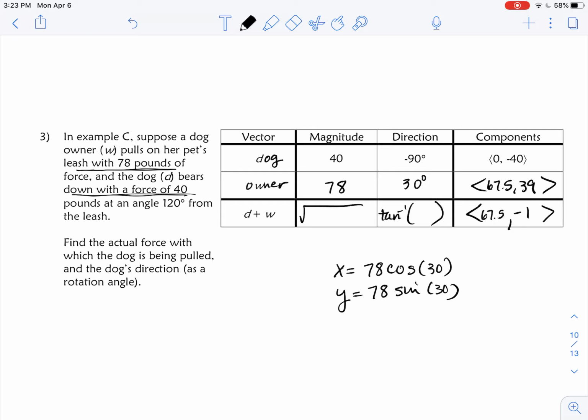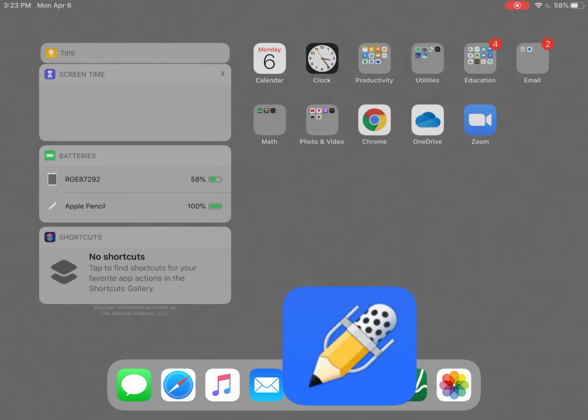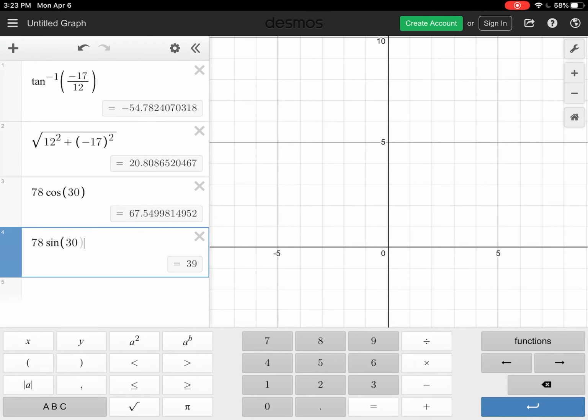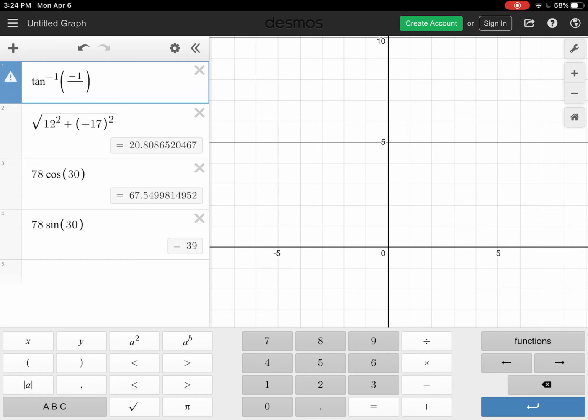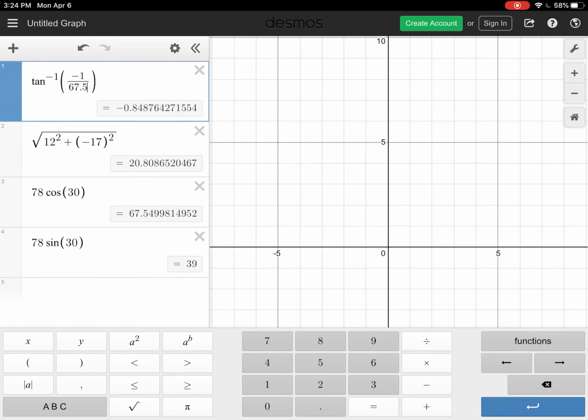All right, so let's add down. 67.5 and negative 40 and 39 give you negative 1. So inverse tangent, the b over the a, that's what we'll put into our Desmos, and then a squared plus b squared. Okay, let's visit Desmos again. Okay, so I'm going to come back up here and just see if I can edit this guy up here. And so it's the B value divided by the A value.